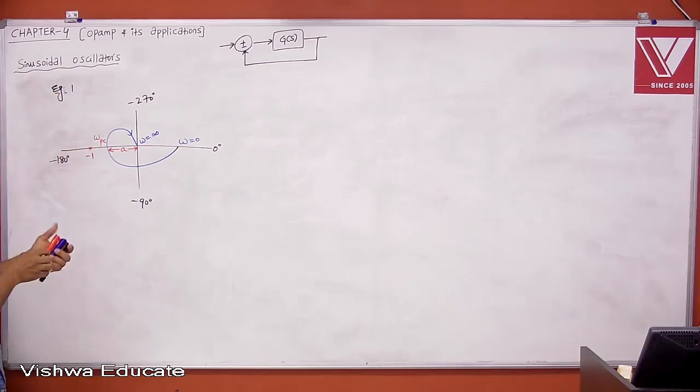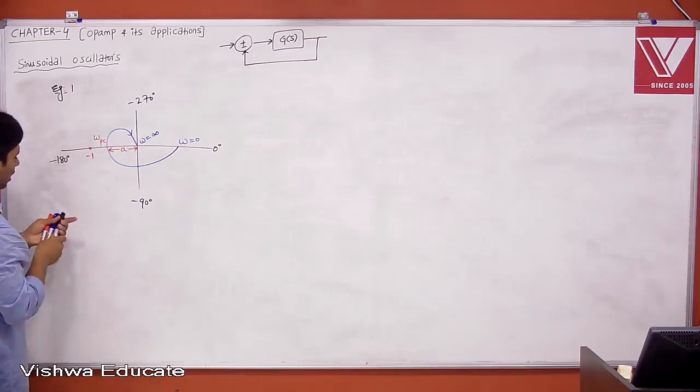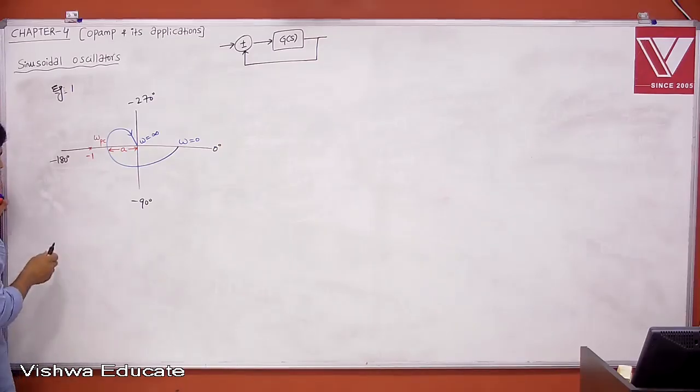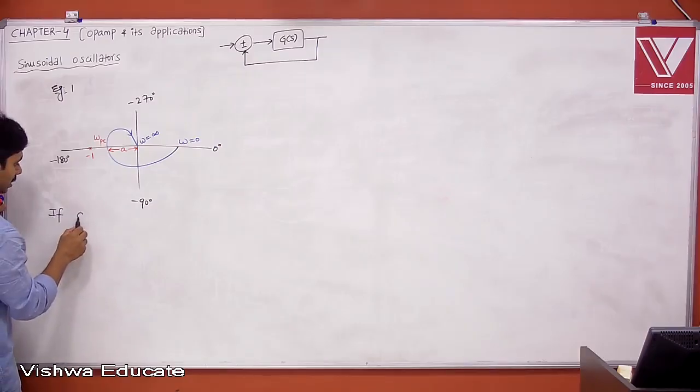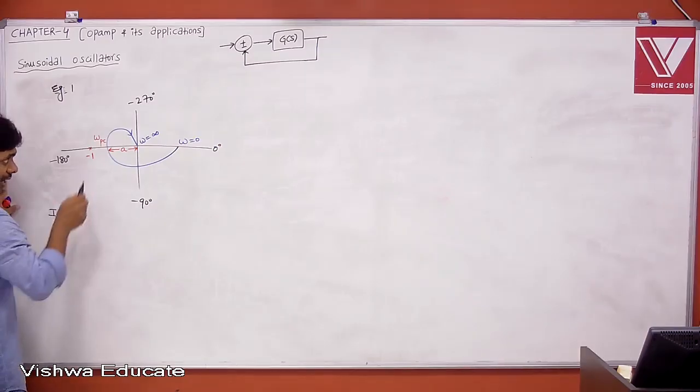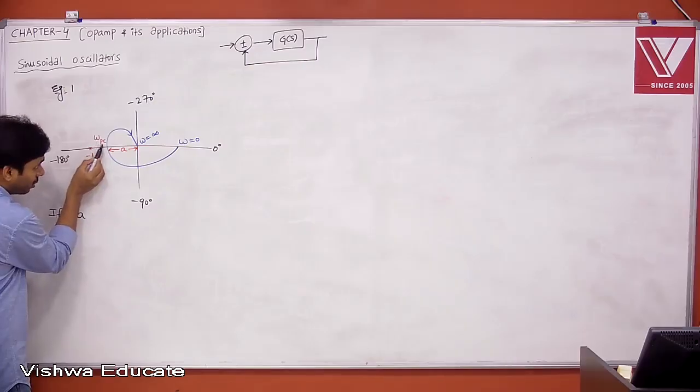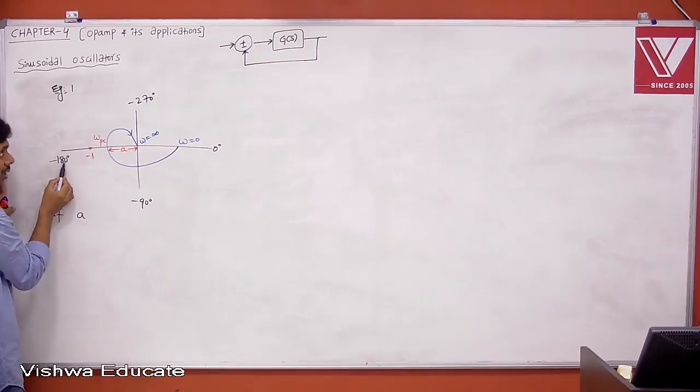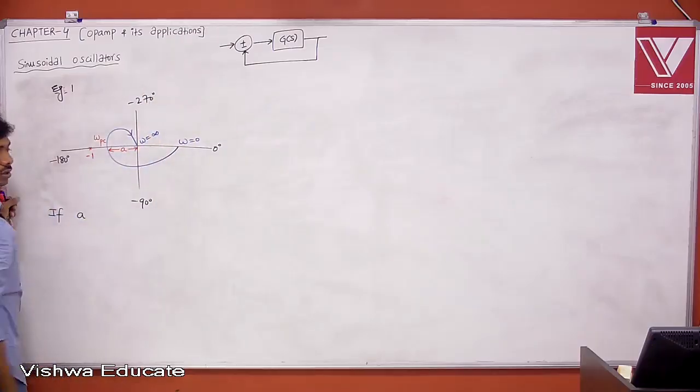Now tell me, the gain A at what point? At the phase crossover frequency, the frequency at which phase shift is 180 degrees, therefore the total loop phase shift is 0 degrees.